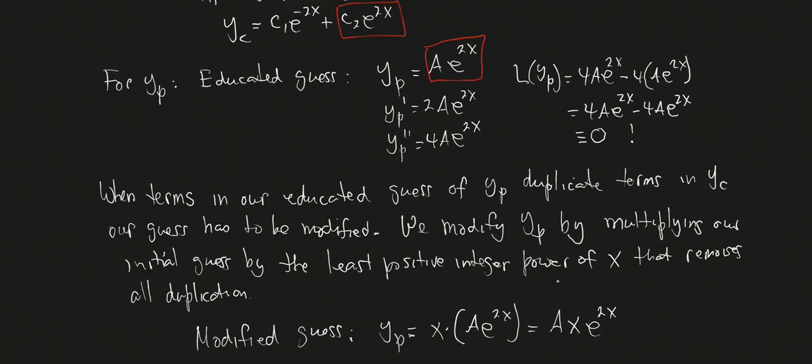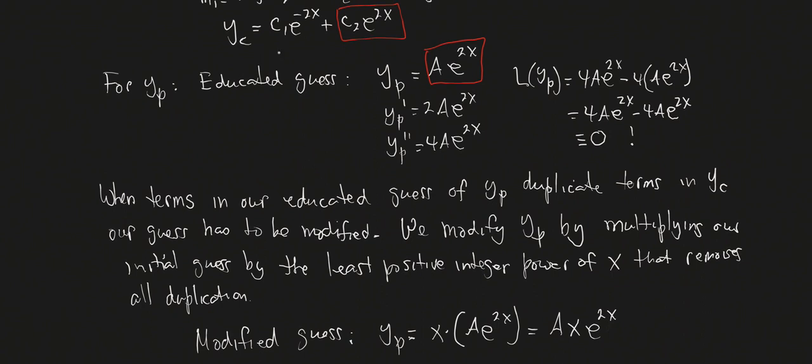And then what is always recommended, now go back and look at your kernel, your complementary function, your y sub c, whatever you want to call it, and see if any of these terms are identical to this in terms of the type of function. Here I now have a times x times e to the 2x.